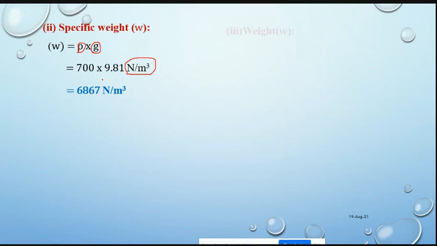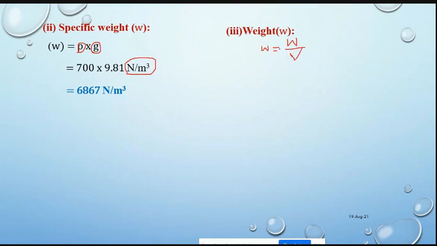The next data that we have to find is weight. What is the formula that we can use for weight? Here also you can use the specific weight formula. Specific weight, small w, is equal to weight divided by volume. This is our formula, right?